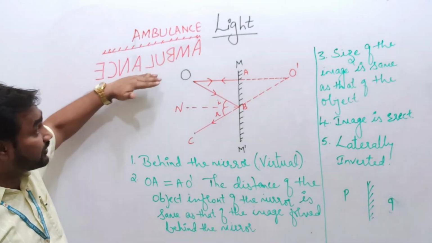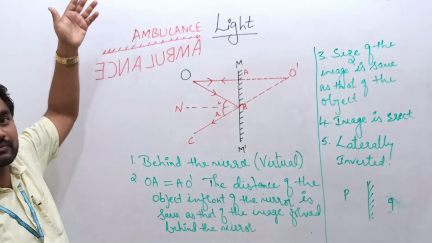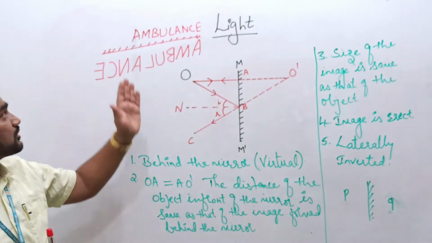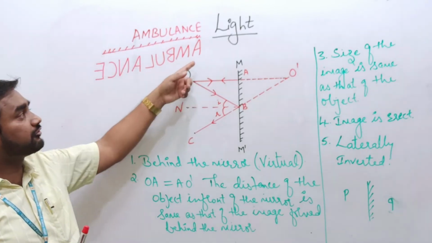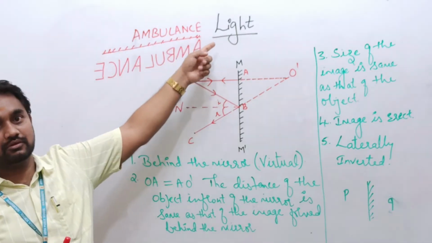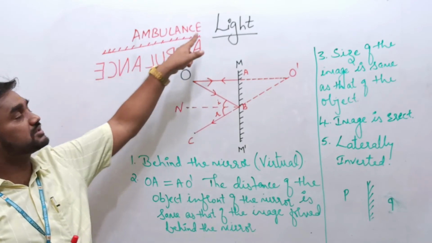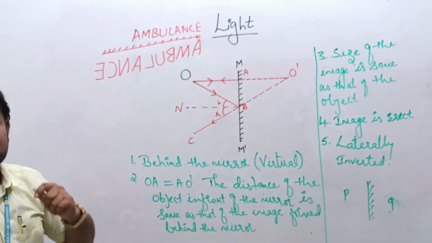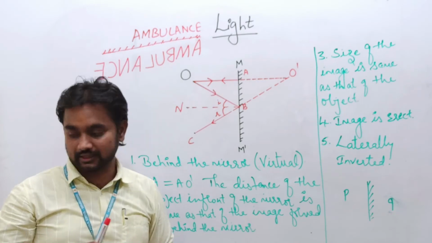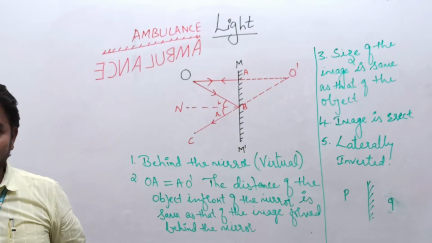So when you see this in the mirror, it appears to be ambulance like this. You can read it correctly. Is that clear? Here it is from right to left. The right appears left, and the left appears on the right side. Hope you understood what lateral inversion is. Clear? So at home you can try.